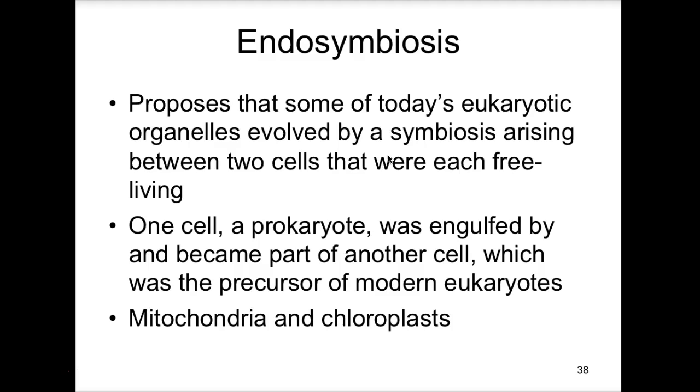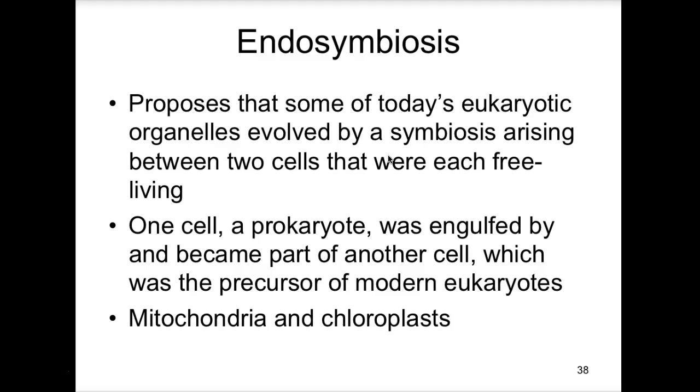The theory of endosymbiosis proposes that some of today's eukaryotic organelles evolved by a symbiosis arising between two cells that were each free-living. One cell, a prokaryote, was engulfed and became part of another cell, which was the precursor of what we would today consider the modern eukaryotic cell.